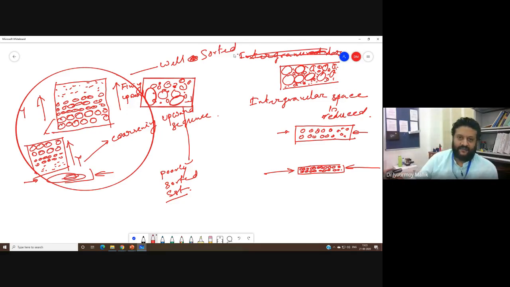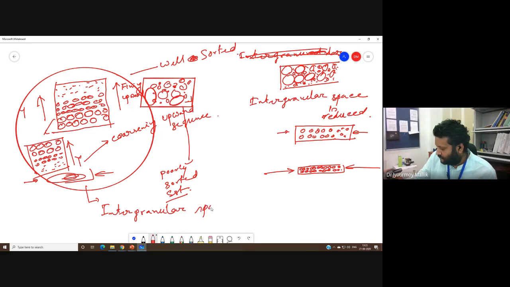And you can see if my sandstone is well sorted, what we will observe is that the intergranular space is maintained, okay, which will lead to the development of porosity.